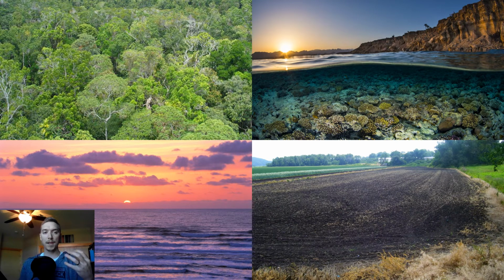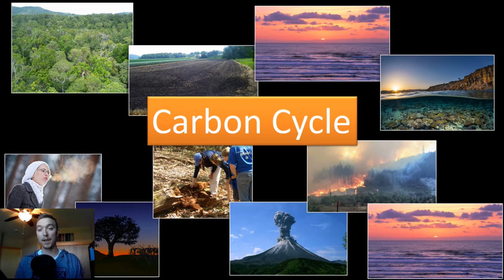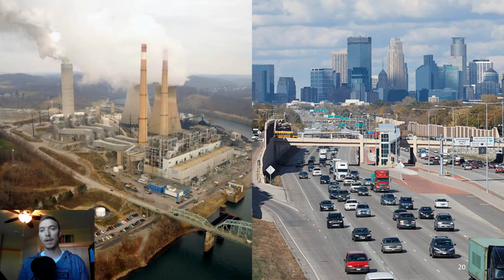So all of these things together make up the carbon cycle, which we can kind of see illustrated here. So there's a natural exchange of carbon through organic decomposition, through the intake of carbon dioxide by plants, through cellular respiration, and through our oceans as well. And then we add a pretty hefty amount to it as well through burning for industry and through transportation and other human activities.